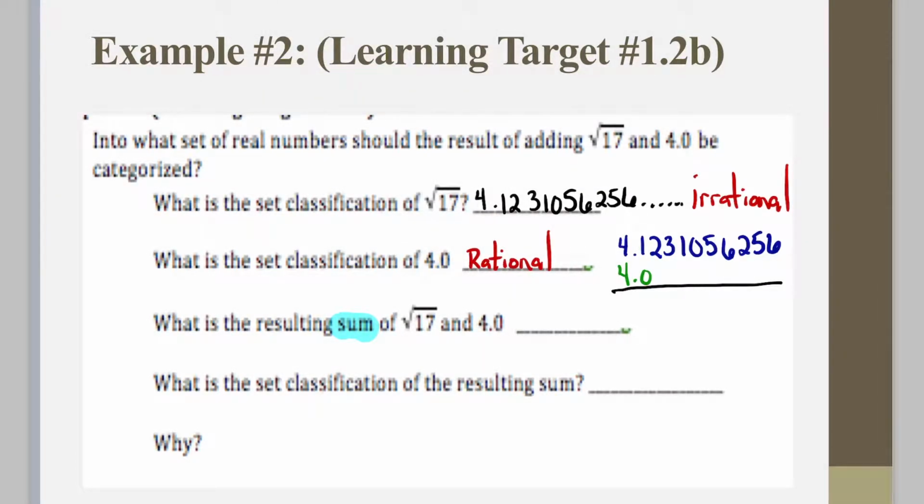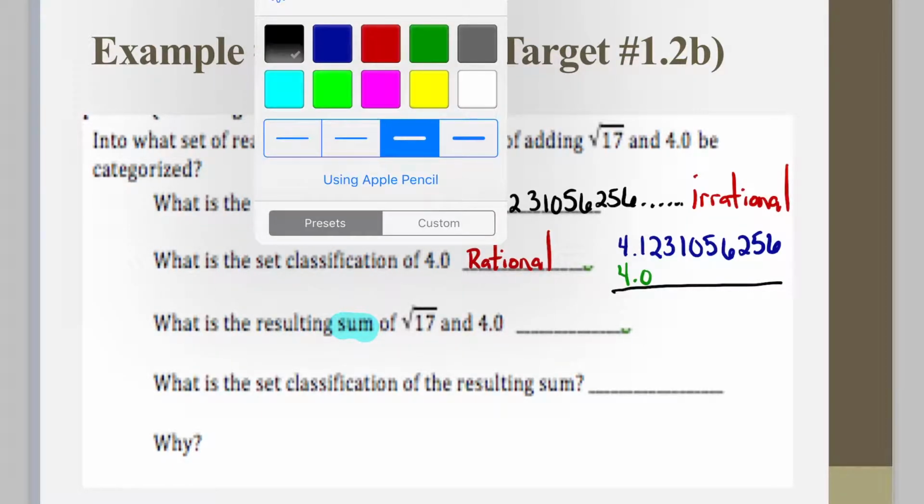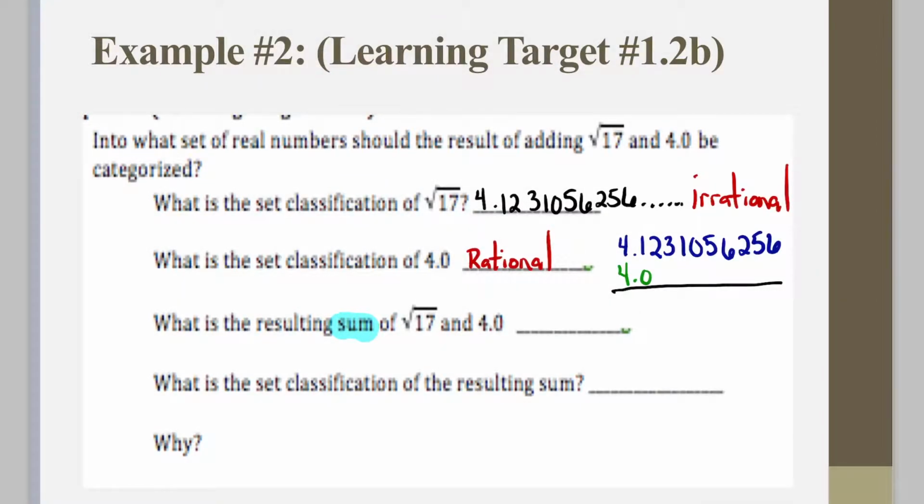we can immediately tell that these ending decimals, the 2, 3, 1, 0, 5, 6, 2, 5, 6, and I'm going to add the dots just to show that it would continue on forever, however long I wanted to write numbers, are immediately going to drop down and be a part of the resulting sum.